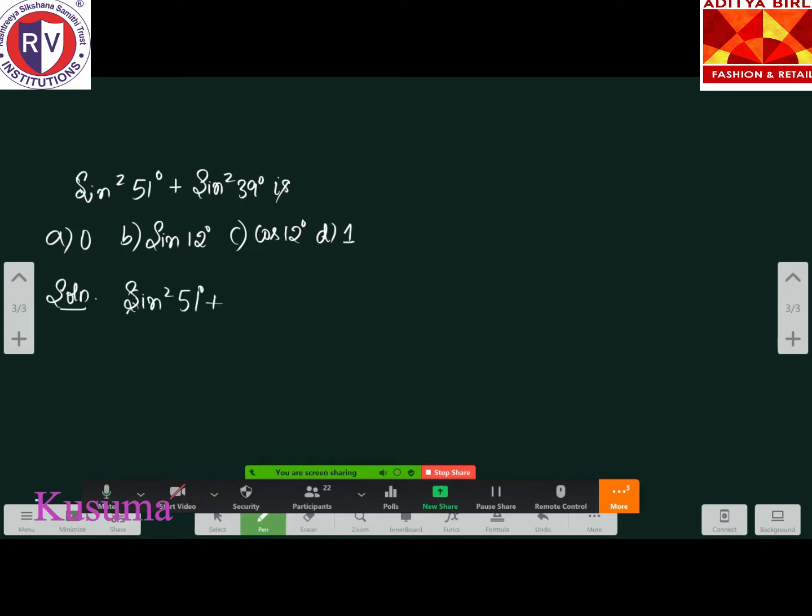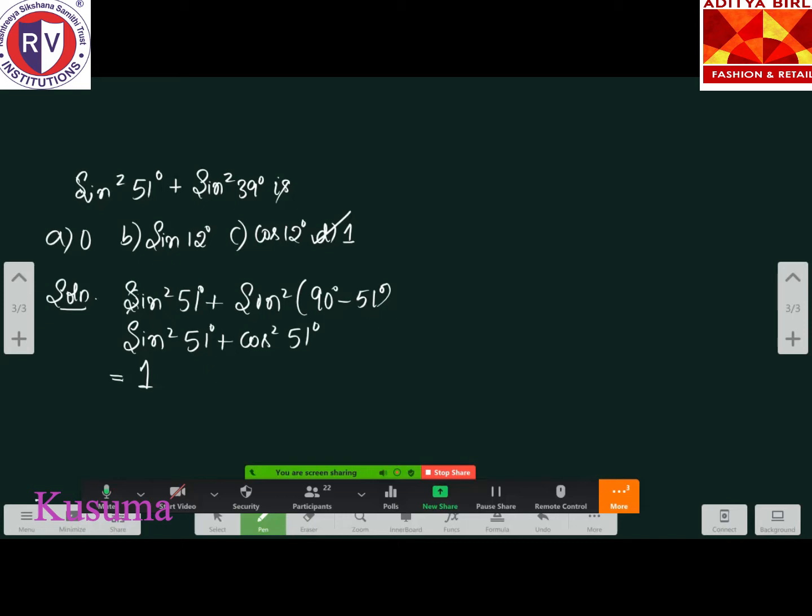And here sine square of 39 degree can be written as sine square of 90 minus 51 degree. Right? So sine of 90 minus theta is cos theta. So this will be sine square 51 degree plus cos square 51 degree. And we know that sine square theta plus cos square theta is equal to 1. Therefore, option D will be the right answer. Very good.